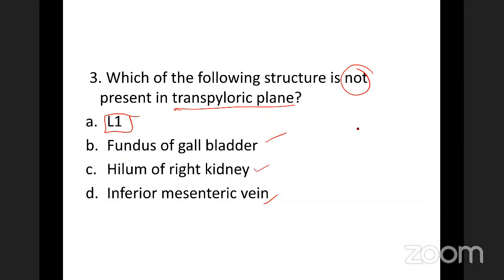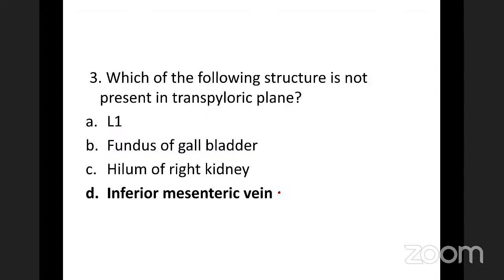Excellent. I will explain this. We know that the transpyloric plane passes at the lower border of L1, so this is correct. What were the structures we studied? Fundus of the gallbladder, the hila of the two kidneys, then the superior mesenteric artery. So this is the wrong option.